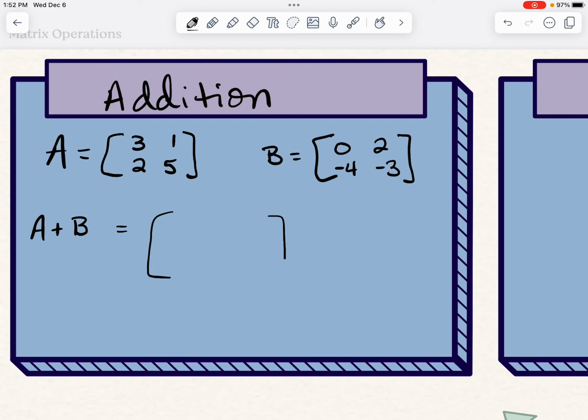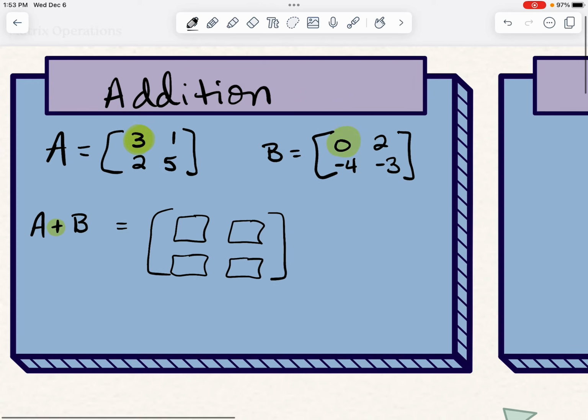What that's going to do for us is give us another matrix that's going to have 2 columns and 2 rows. But the numbers that go in each of these spots have to do with the location of the numbers in each. Since this is addition, we're going to add the row 1, column 1 piece with the row 1, column 1 piece here.